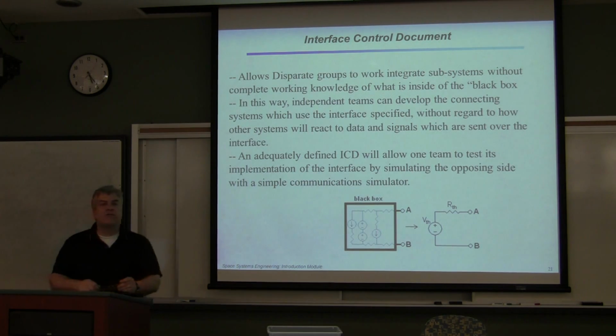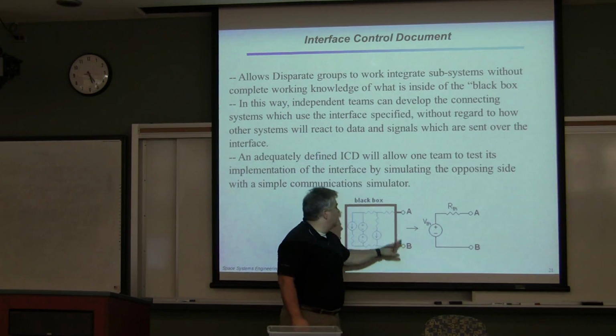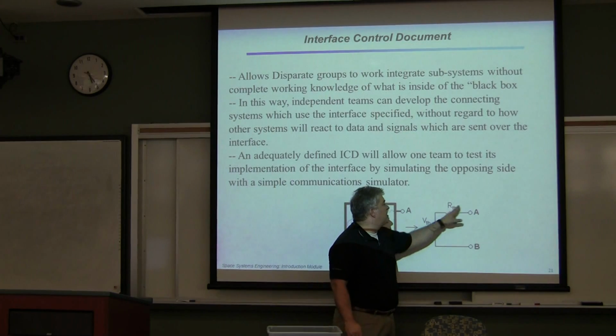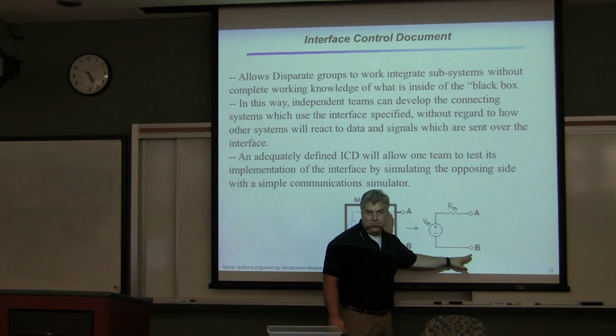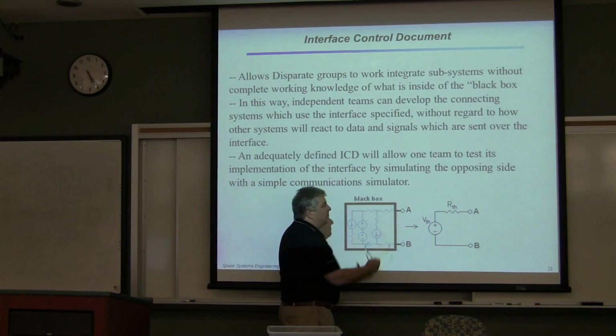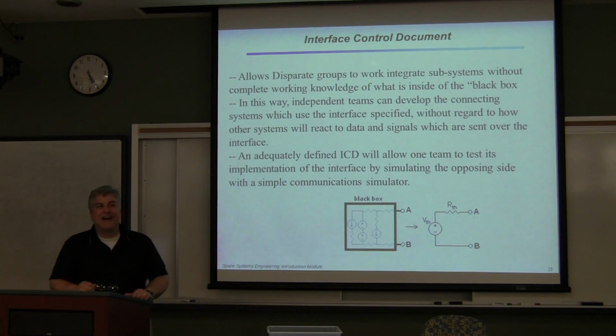I've talked earlier about interfaces, and so an interface design document is always useful for saying, what is my A and my B going to be? Don't give me all this detail, but just tell me that it's going to appear like this, something simple. All the details about what's inside that black box can be documented somewhere else, but it's not important for the interface.